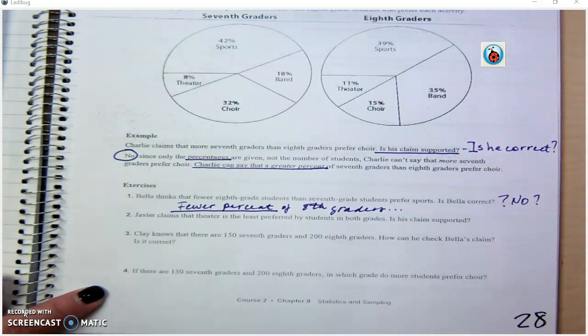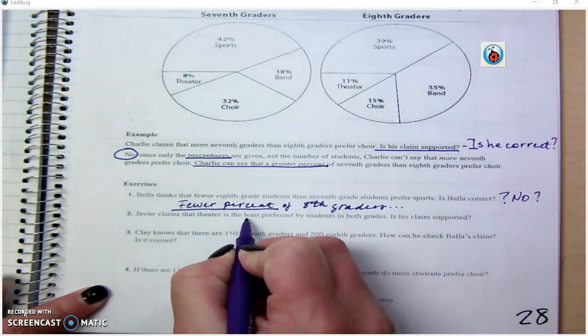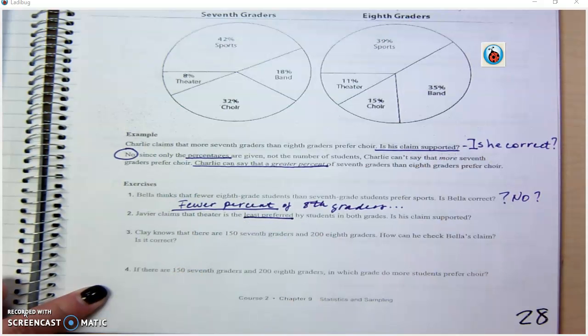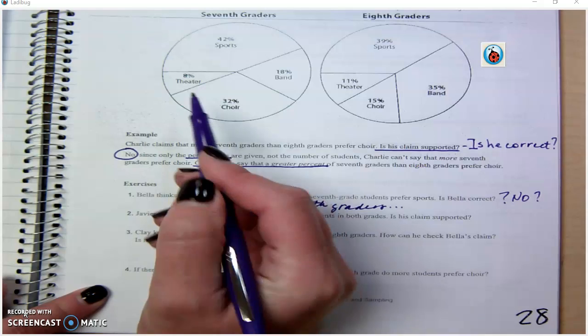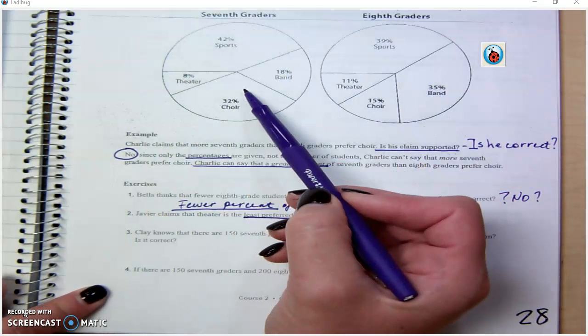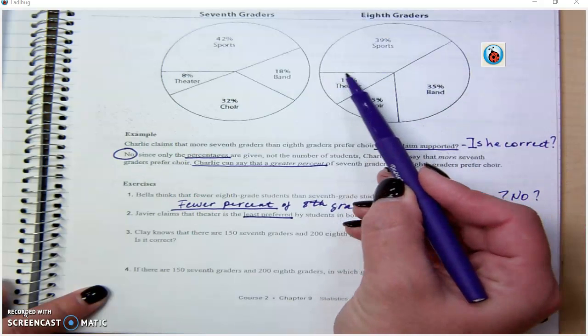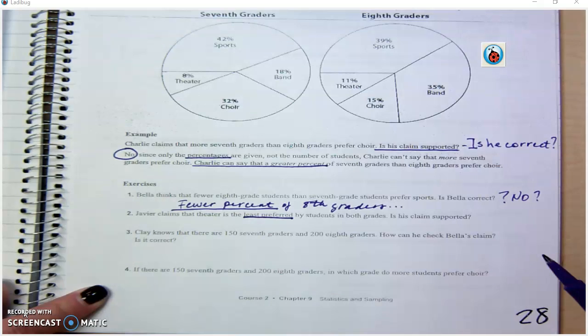Javier claims that the theater is the least preferred by students in both grades. Is his claim supported? All right, guys. Well, this is very different because we have this statement that says that theater is the least favored activity by both sets of students. But when we look at the 7th grade chart and the 8th grade chart, we see that the theater section has the smallest percent.